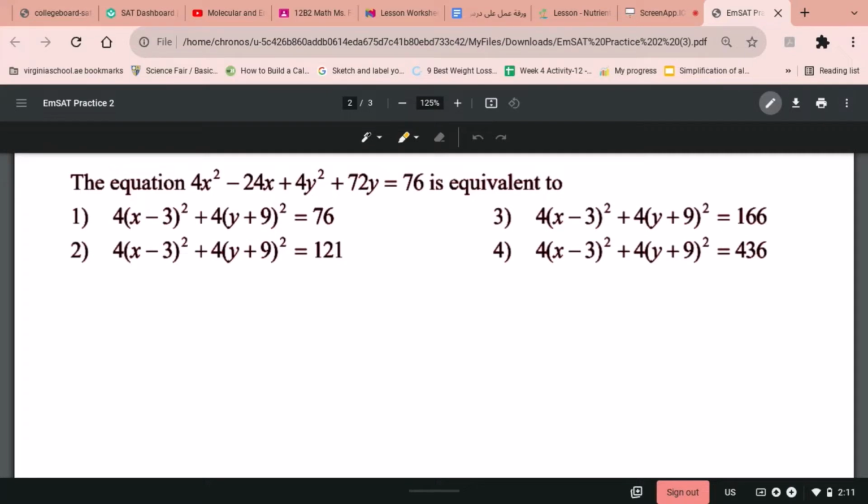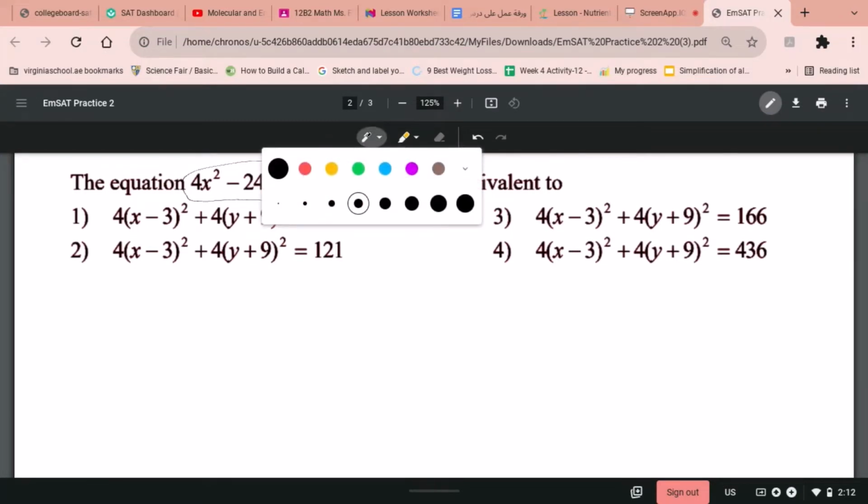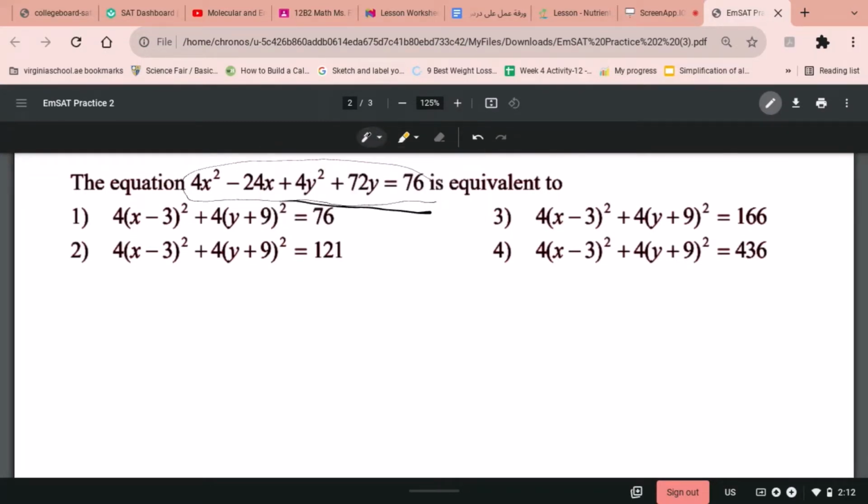So the question says the equation x squared minus 24x plus 4y squared plus 72y equals 76. So this expression, let's make it bigger. As it says, this expression should be equivalent to one of the 4 choices that we see.